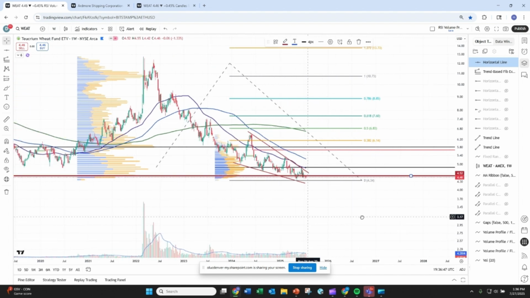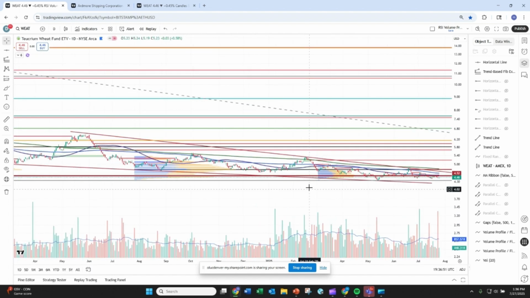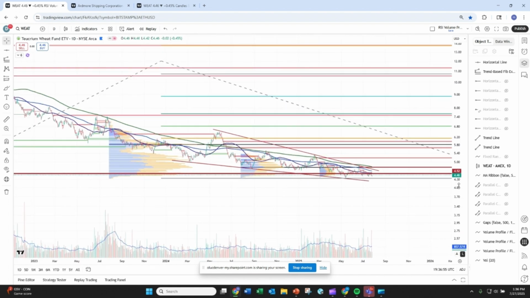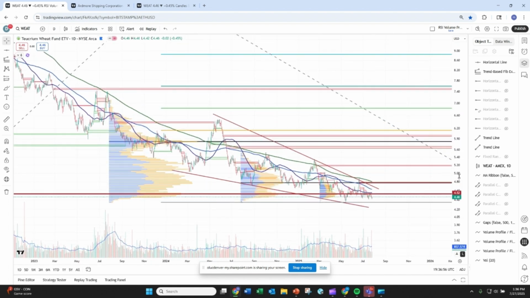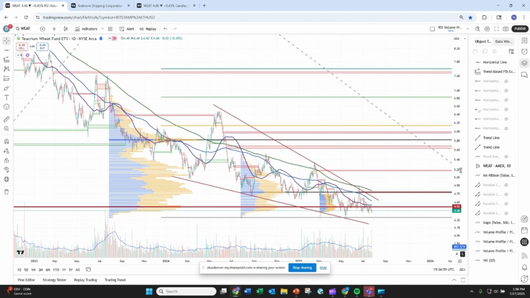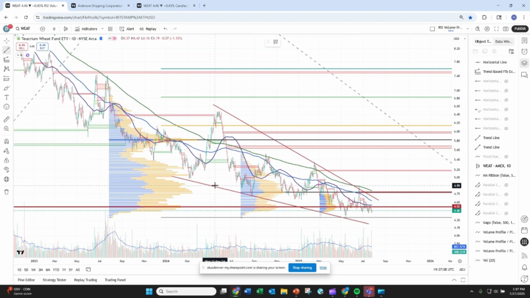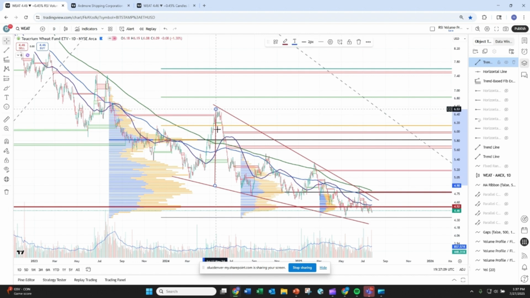So let's go into the day view. And we can really see this thing pinching in nicely. If you were to look at this triangle, technical analysis would be something like this.